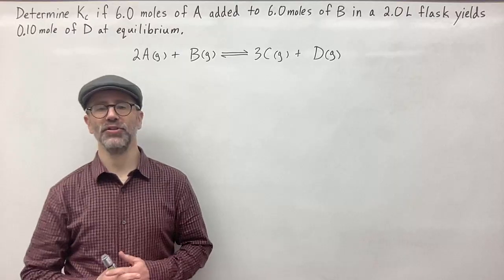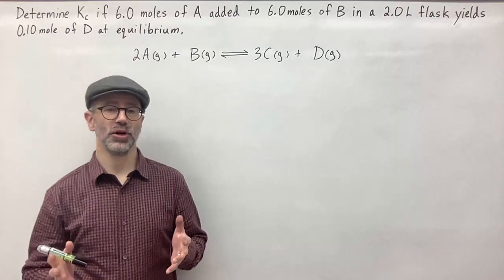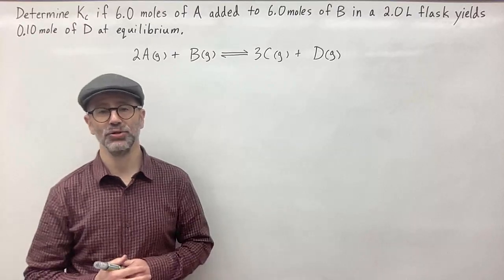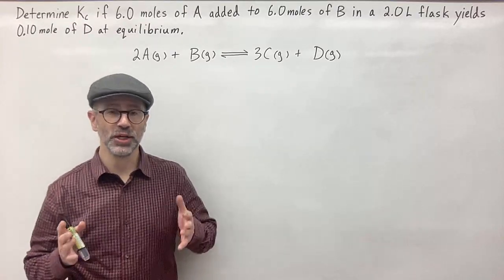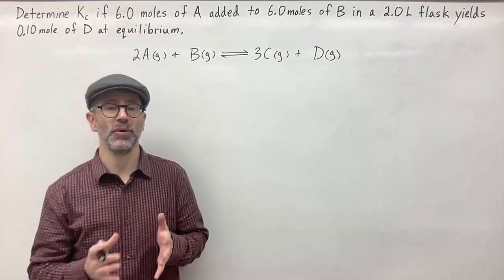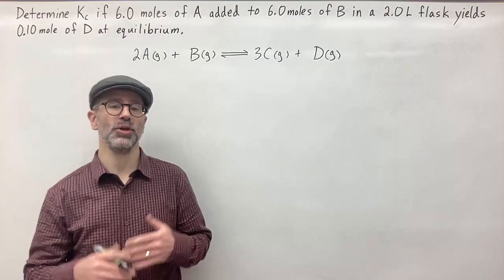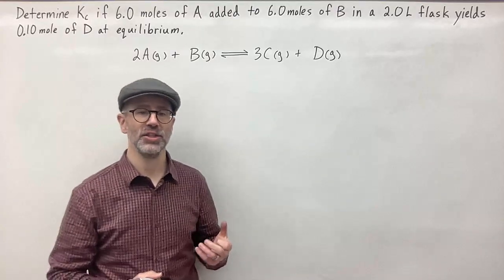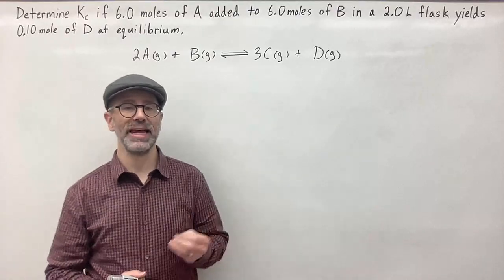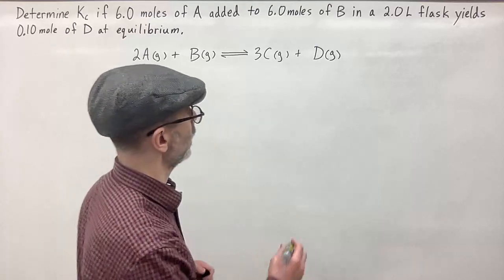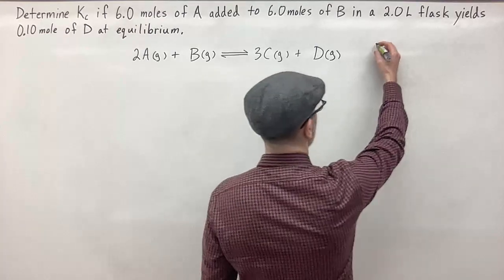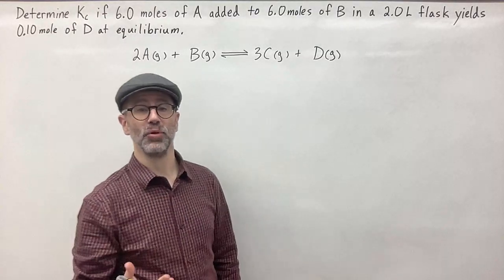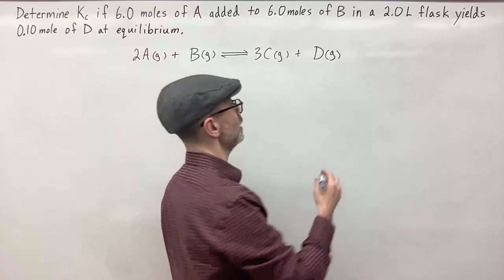The first thing we want to do is, since we're given the moles, get that into concentration, because when we solve this problem, we have to use an ICE table, and ICE tables have to be in terms of concentration. So they're giving us 6 moles each of A and B. Let's convert that to molar. They've given us 2 liters of volume, so to find molarity, it's moles over liters.